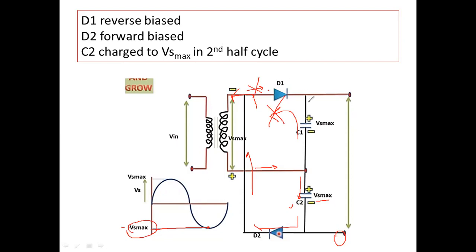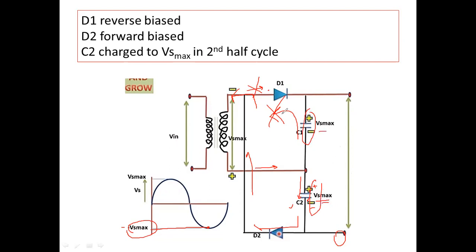The first one was clockwise, and now you can see it is anticlockwise. This capacitor's plate is connected to the negative side, and this is connected to the positive side. So the same charges appear as in C1, and the same voltage.